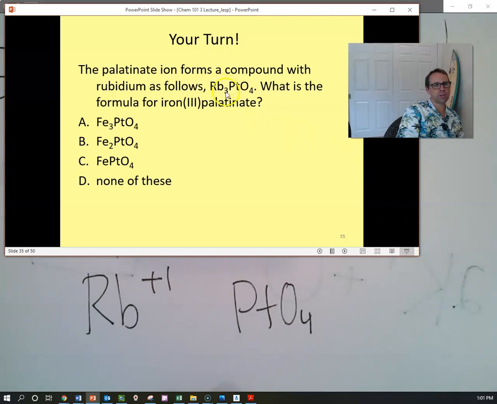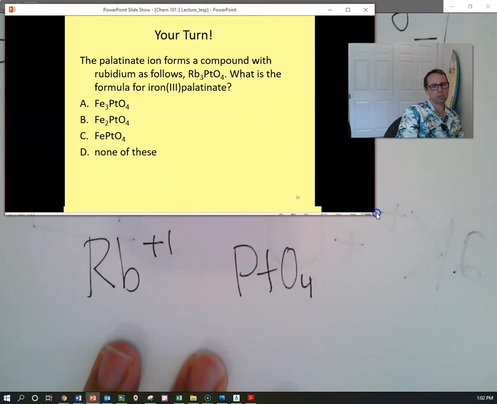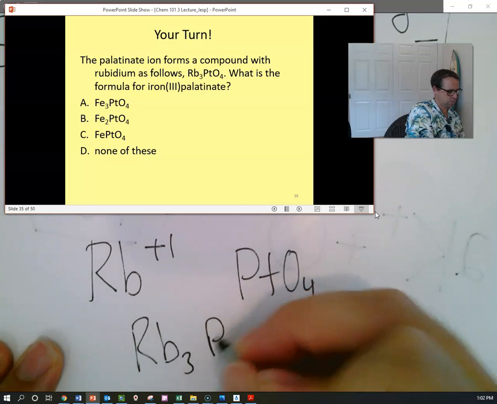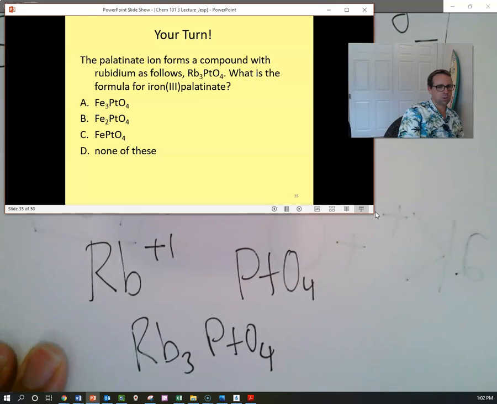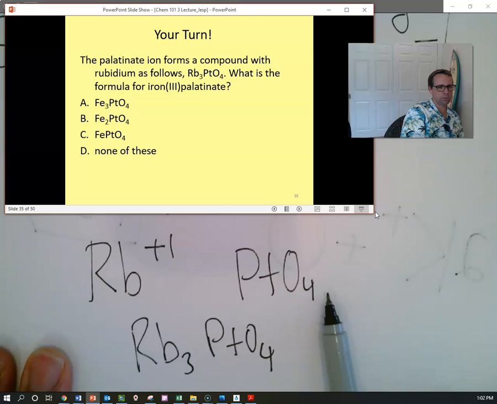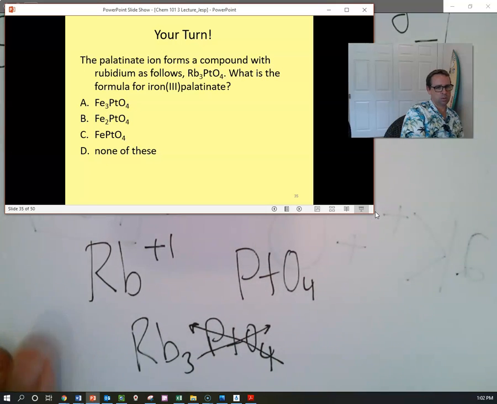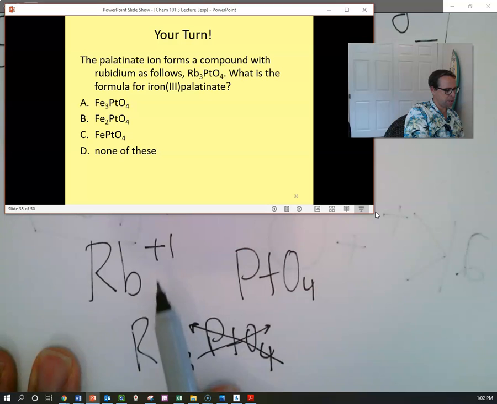Okay. Can you do the reverse crisscross here with this compound, Rb3PtO4? What is the charge on the PtO4 ion? Okay, and we're going to crisscross. The rubidium has a +1. We already looked that up.